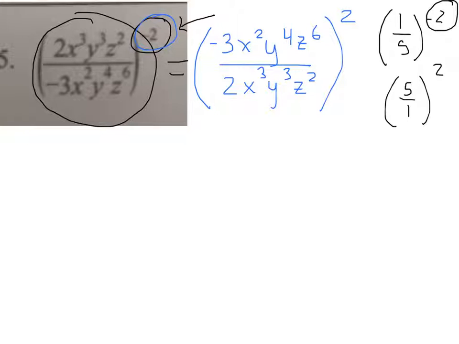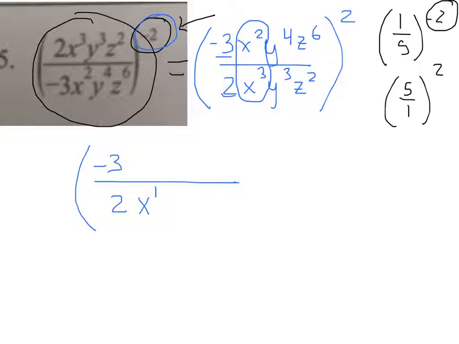We can simplify what's inside. Negative 3 over 2 won't simplify, so I'm going to write negative 3 over 2. Now what is x squared divided by x cubed? X to the what? Where? X to the first power on bottom.